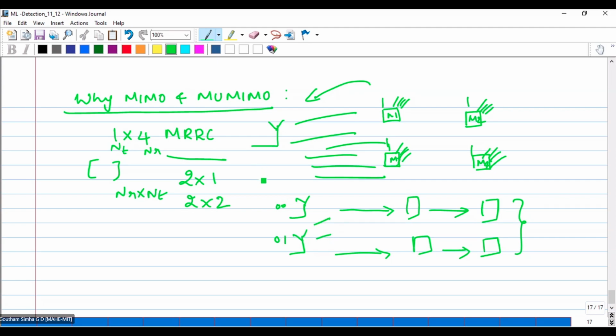What is multi-user MIMO? Multi-user MIMO is nothing but you will have more active antennas at the transmitter. You will have a sector. You will have dedicated multi-antennas at this sector, so that these antennas are dedicated towards the users, even if you have somewhere around 4 users.